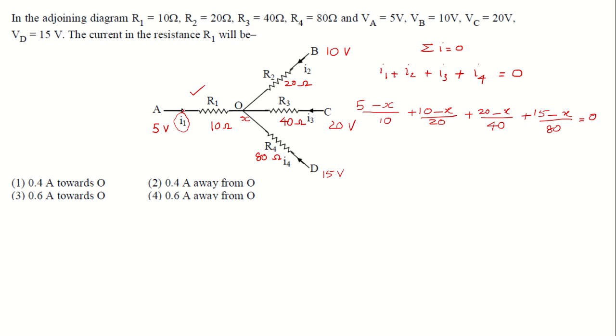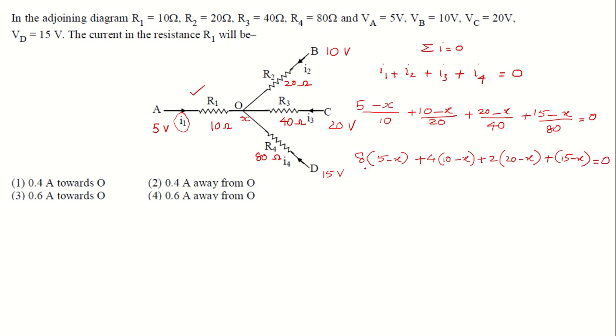If we multiply by 80, the 0 cancels, and we get 8 into (5 minus x) plus 4 into (10 minus x) plus 2 into (20 minus x) plus (15 minus x), which equals 0.